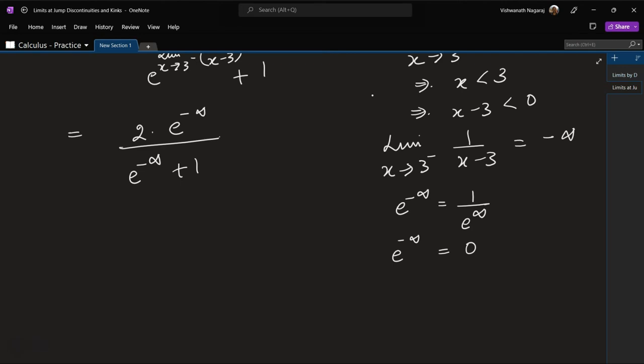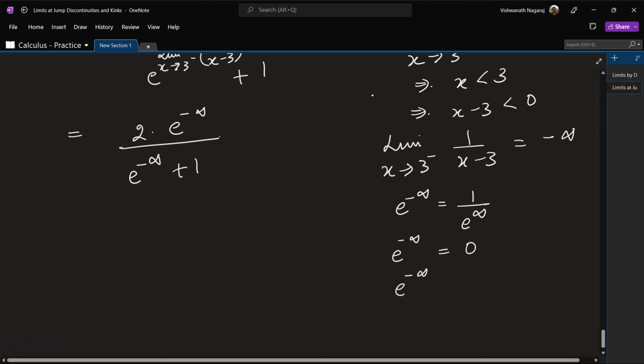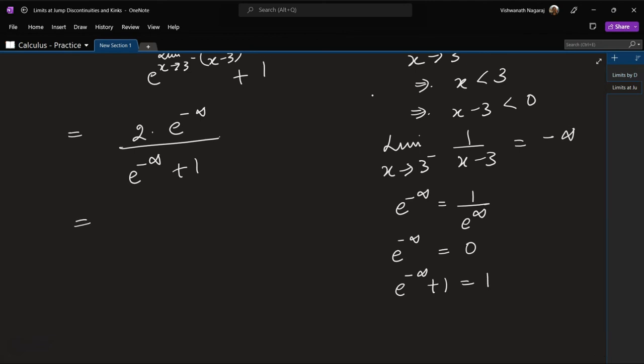And because we want e to the power of minus infinity plus 1, let's add 1 to both sides. So we get e to the power of minus infinity plus 1 is equal to 1. So we end up with 2 times e to the power of minus infinity by e to the power of minus infinity plus 1, which is 1. And e to the power of minus infinity is equal to 0. So the overall limit is 0.